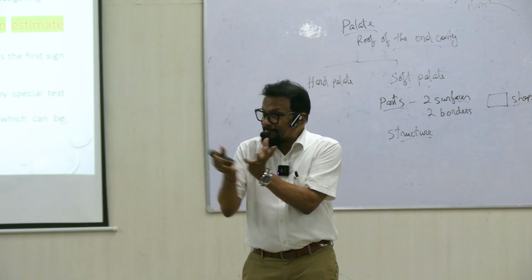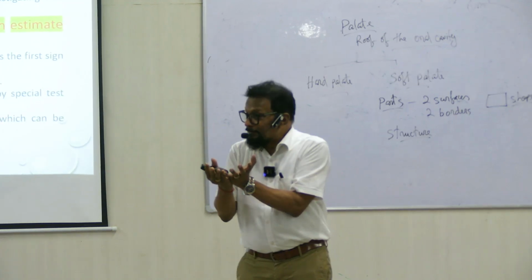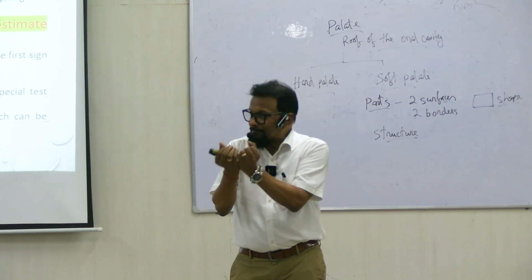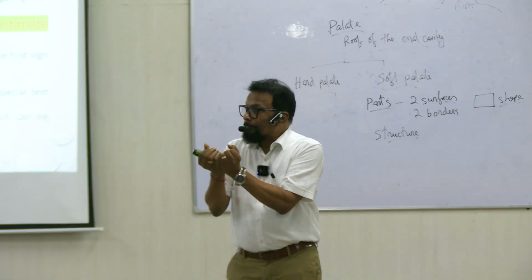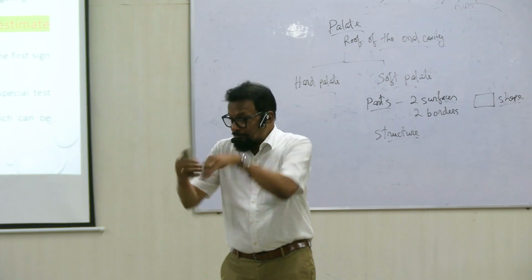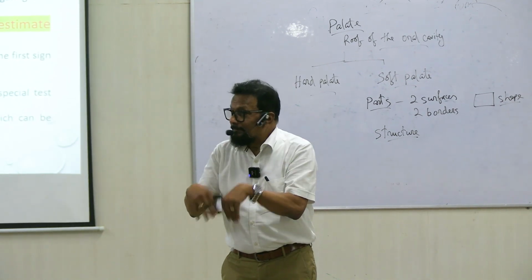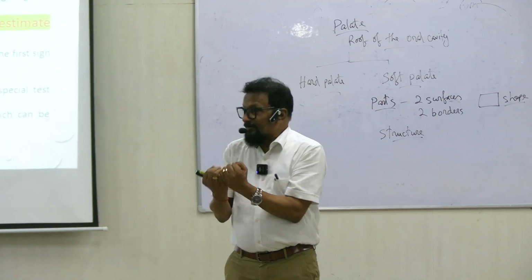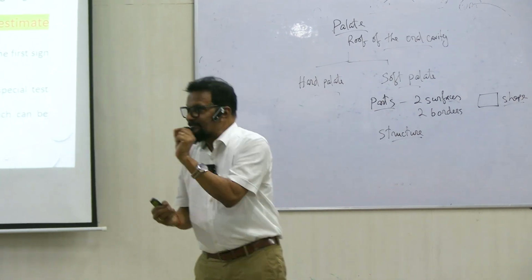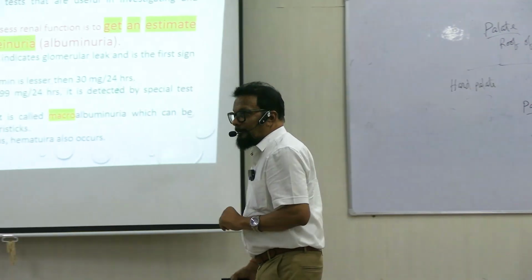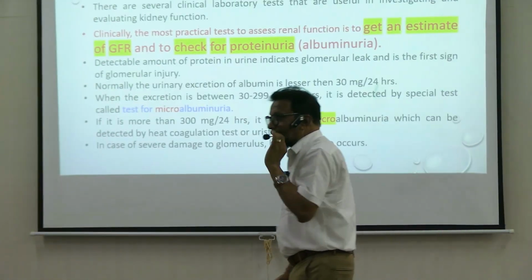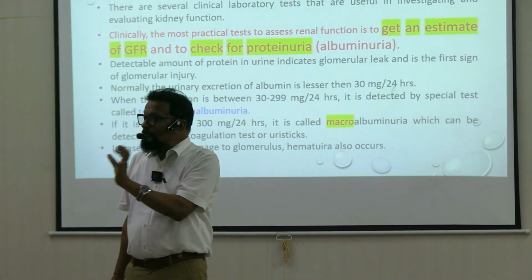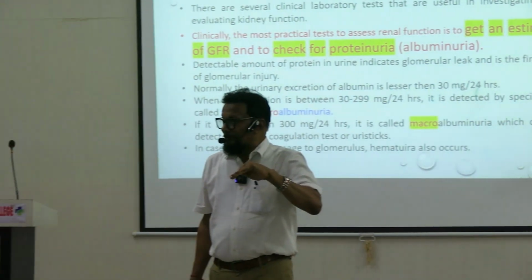So the capillaries actually filter. When this plasma goes, it has some unwanted material, so it will be filtered. This filtration of substances like urea, inulin, creatinine, PAH, we study their clearance.